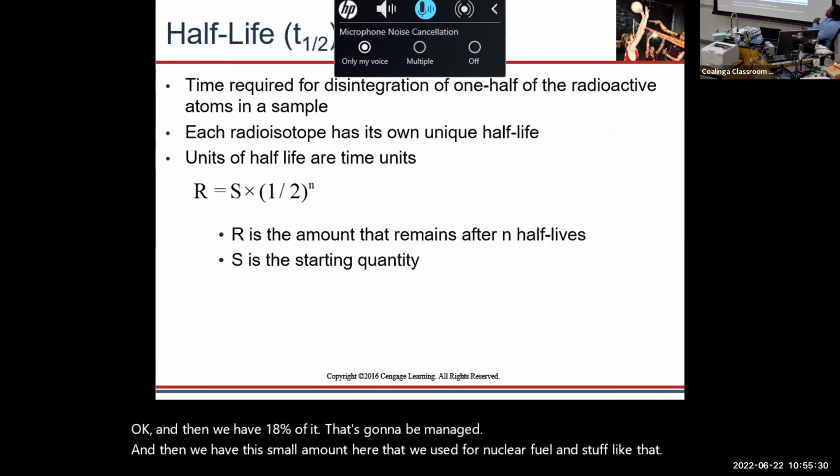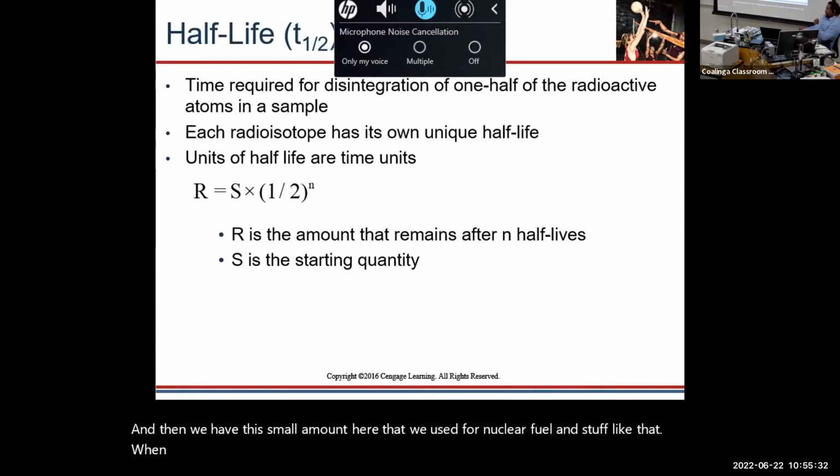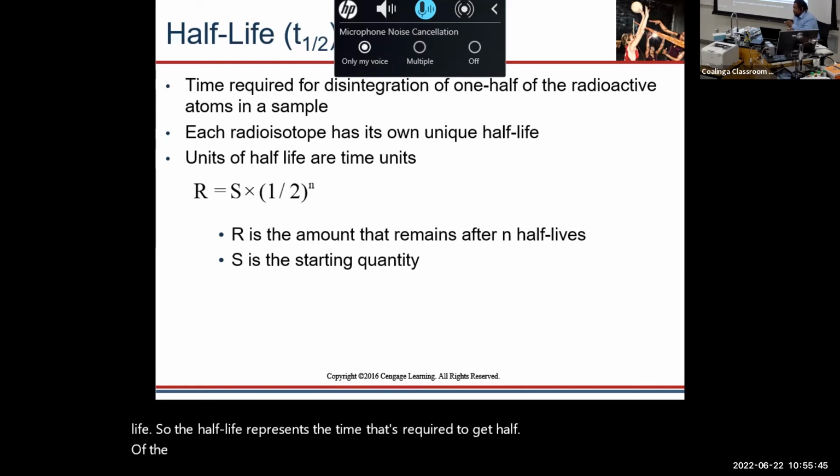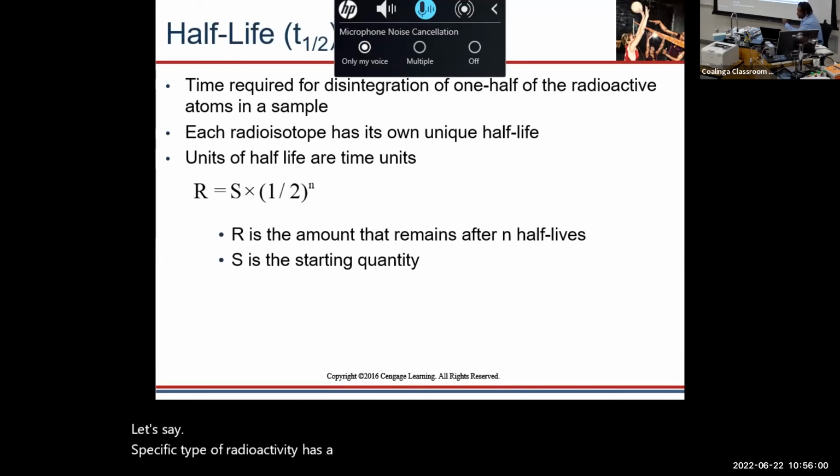So when we're working with radioactivity, we have to calculate what we call the half-life. The half-life represents the time that's required to get half of the radioactivity of that sample. Every specific type of radioactivity has a specific half-life associated with it.